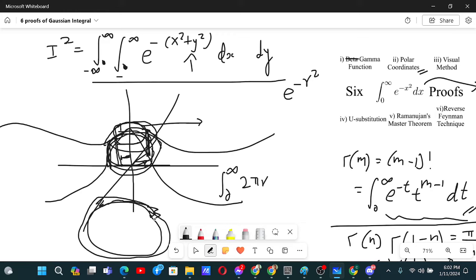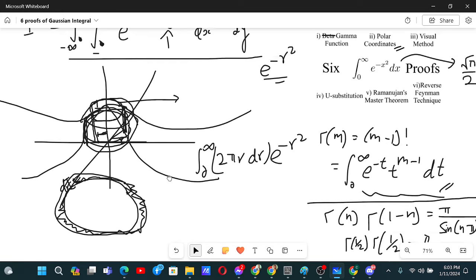This is not actually a perimeter, this is a two-dimensional thing, but let's say a strip or something like that. So that will be 2 pi r dr, 2 pi r times this dr. And now the height is e to the power minus r square. This is the height. Now we can find this integral as well.